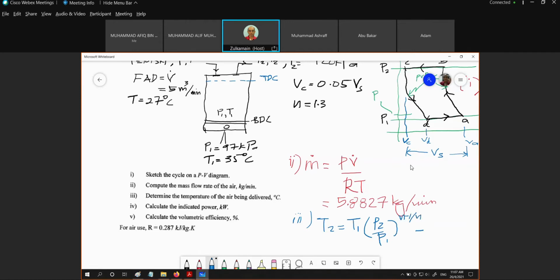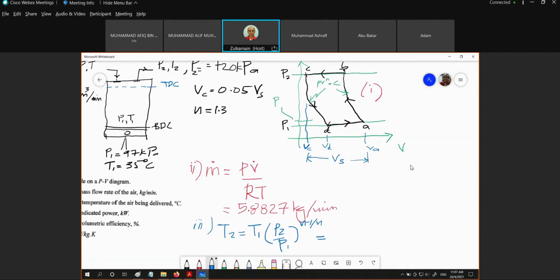Remember, we get T2 from the delivery condition. The beginning of our compression process is at T1.